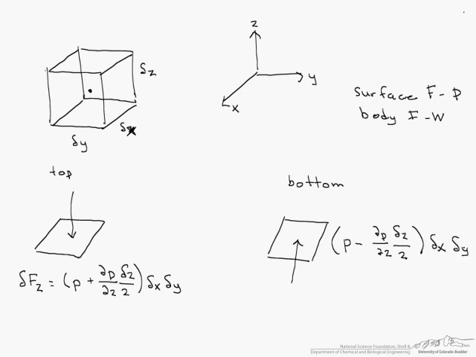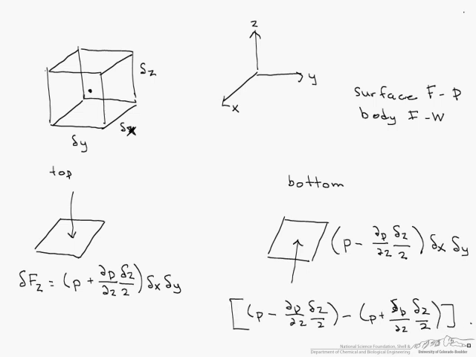If we put these together, what we're looking at is the force that's coming in minus the force that's coming out. That's P plus dp/dz dz/2, minus P minus dp/dz dz/2.